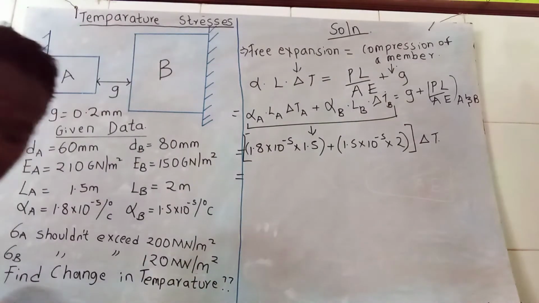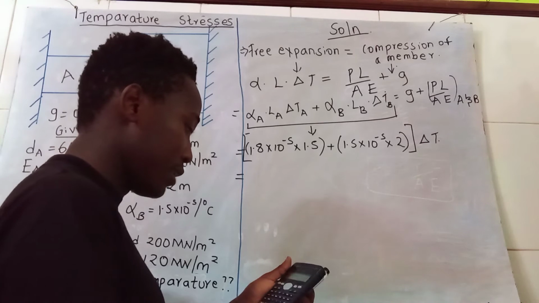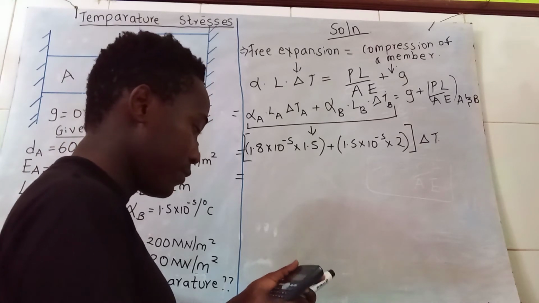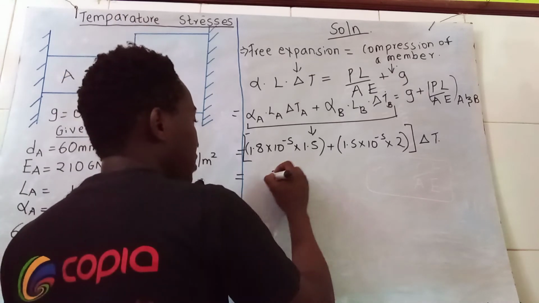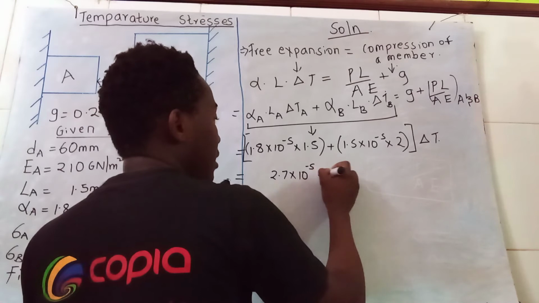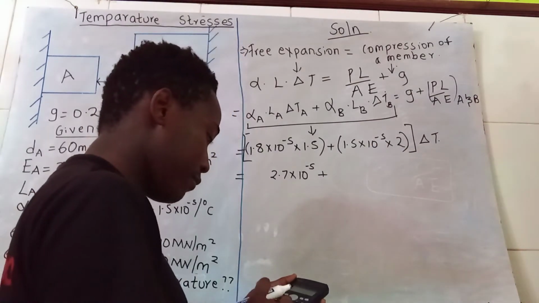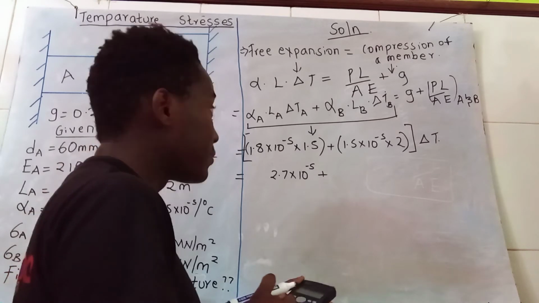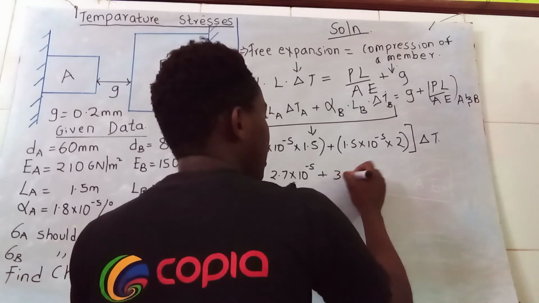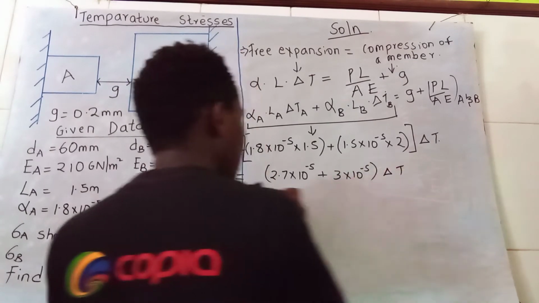Since it's a composite bar, they're going to have the same change in temperature. So with that, I have a calculator nearby. 1.8 times 10 to the power negative 5 times 1.5 is going to give me 2.7 times 10 to the negative 5. Then the other part, 1.5 times 10 to the negative 5 times 2, I shall have 3 times 10 to the power negative 5 times the change in temperature.